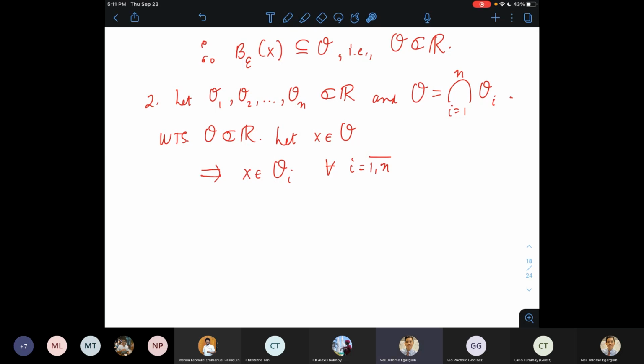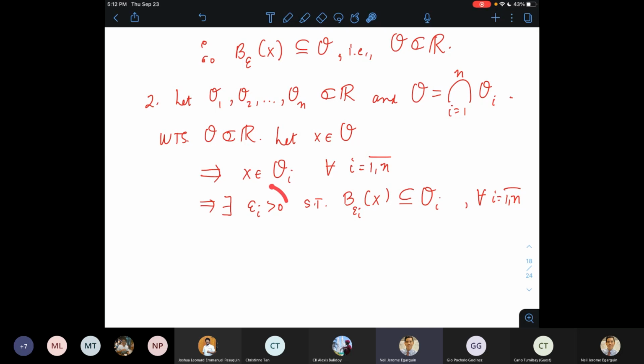Okay? Pero anong alam natin? Yung mga O sub I's ay mga open sets in R. So that means there exists an epsilon sub I greater than 0 such that the open ball centered at X with radius epsilon sub I is a proper subset of big O sub I, and this is true for all I from 1 to N. Ang medyo technical detail lang dito, alam ko na meron laging open ball centered at X na nasa loob ng mga big O sub I. Pero yung epsilon o yung radius ng mga neighborhoods na yon, posibleng mag-vary sa bawat isang set O sub I. Pwedeng sa O sub 1, ang epsilon ko ay 1/2, sa O sub 2, ang epsilon ko ay 1/3, and so on.